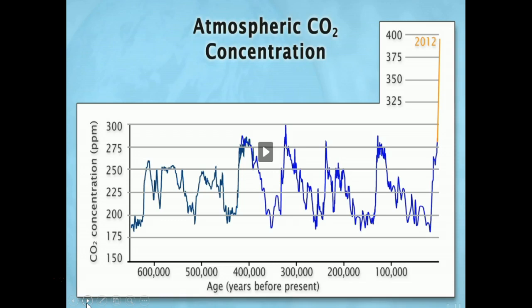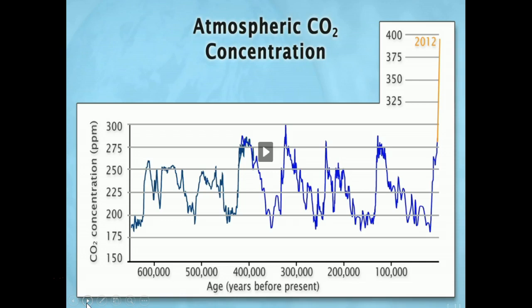What's going on is that we are now experiencing a rise in CO2 that has never been seen in 600,000 years. No one alive has ever experienced this. We're living in a time where we haven't seen these levels of CO2 in probably 20 million years. So these are just brand new levels that haven't been around for a long, long time.